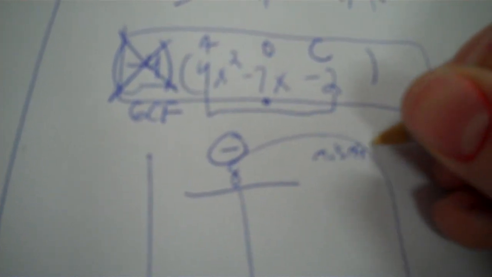Now you find your AC product. 4 times negative 2 is negative 8. That is a mismatch. So that's a positive, negative. Now what do you have to add to though? You have to add to the B. Here's my B, negative 7. 1 and 8, right away. 1 plus negative 8 is negative 7.